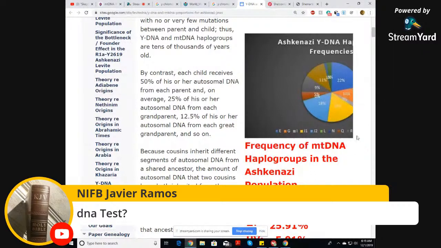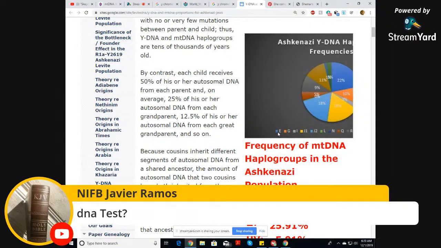Anyways, I pretty much know what it is, the Y chromosome. So, in the Y chromosome, we have J2, of J1, which is this, J2, which is this, and the E, as we saw before, which is this.